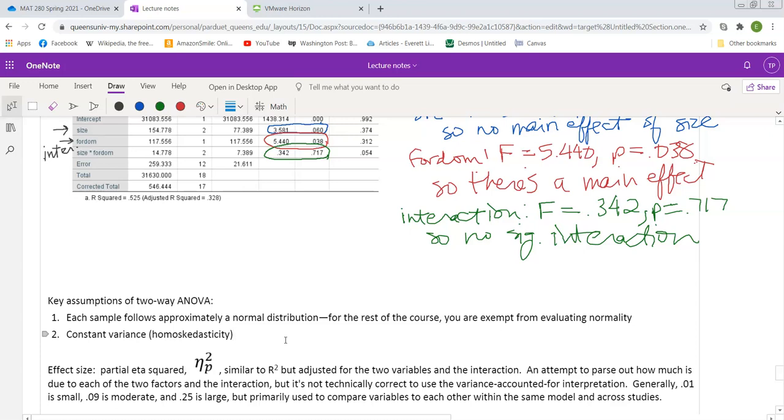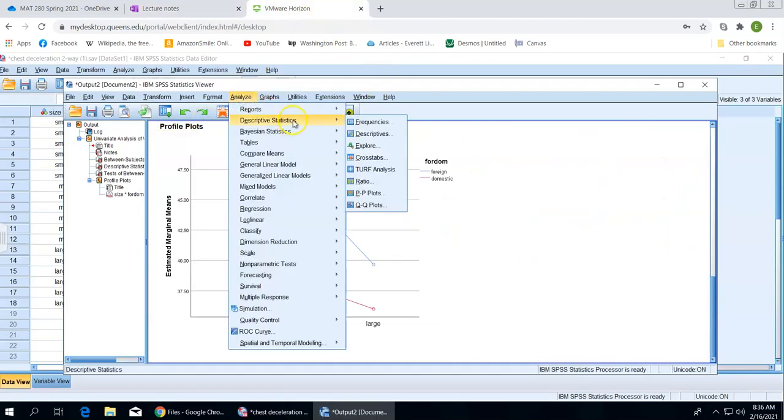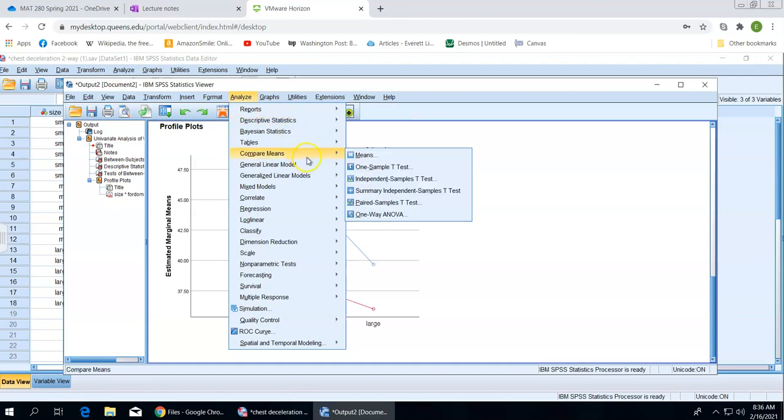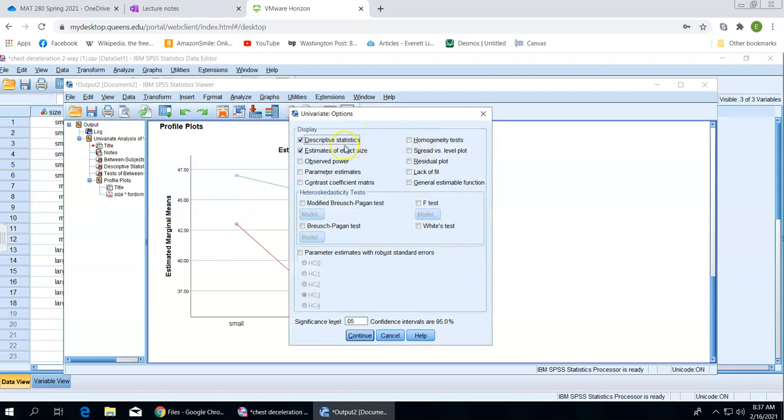good news, bad news here. The way you should check for that, and don't do this, just watch for now. Well, forever. The way you should test for that is under options, homogeneity tests.